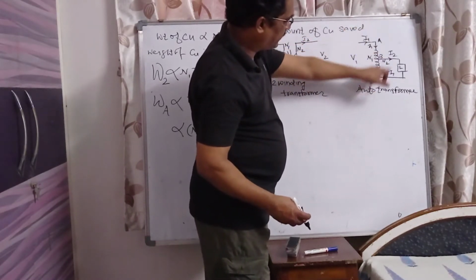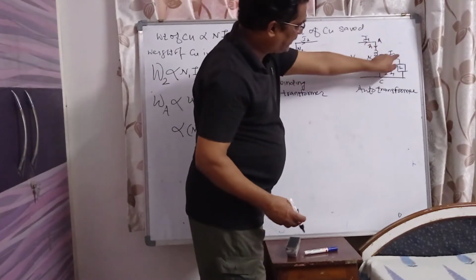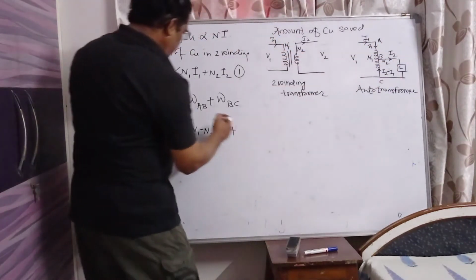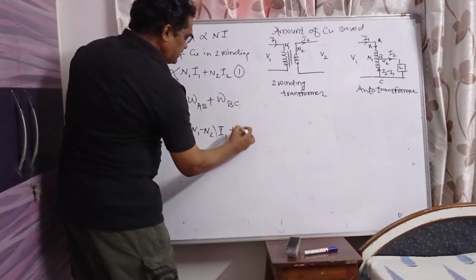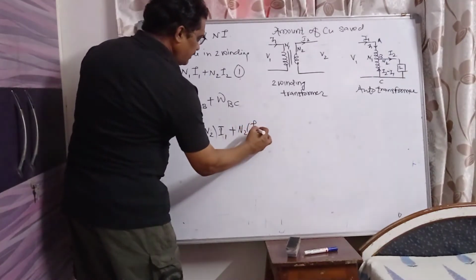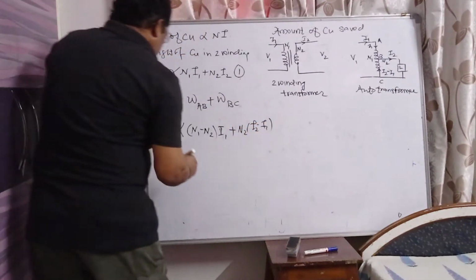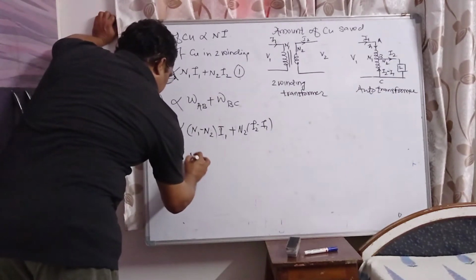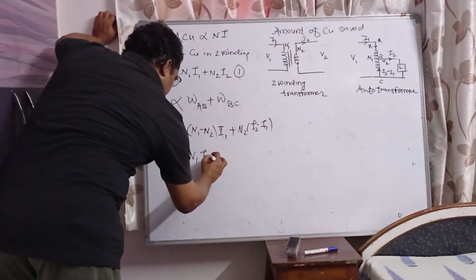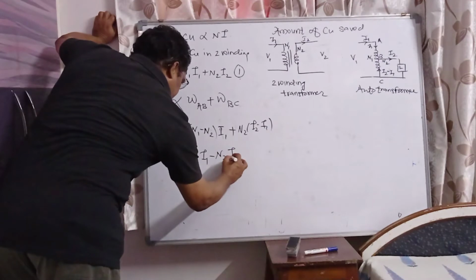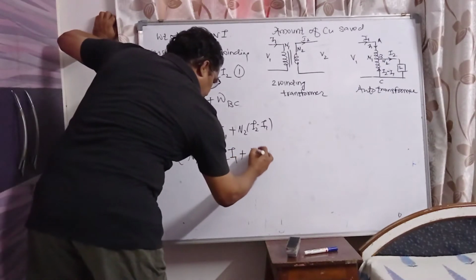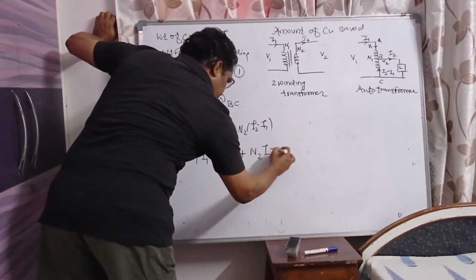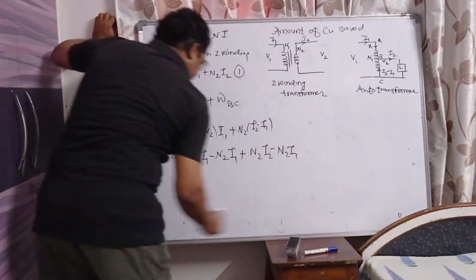B to C number of turns is N2 and current is I2 minus I1. So it is proportional to N1 I1 minus N2 I1 plus N2 I2 minus N2 I1.